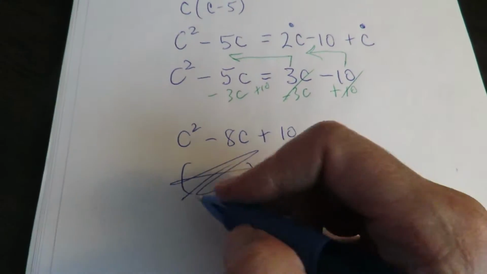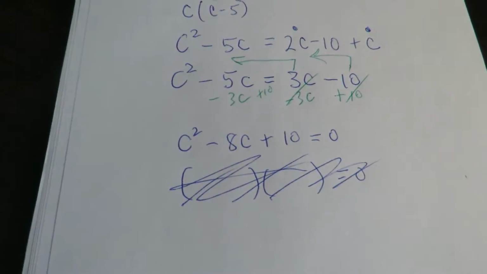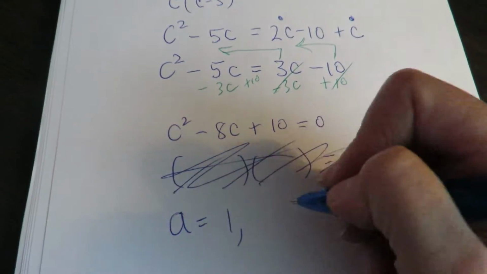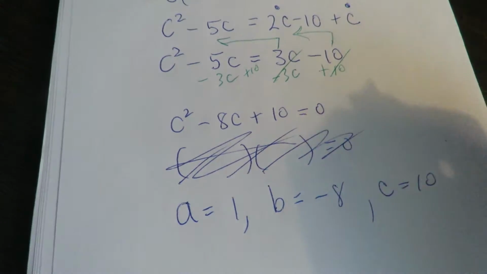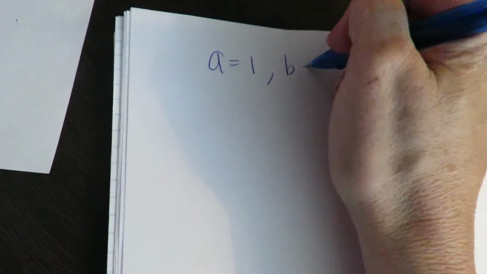So I have to kill that plan. It looks like we're using the quadratic formula. All right, let me just rewrite that over here.